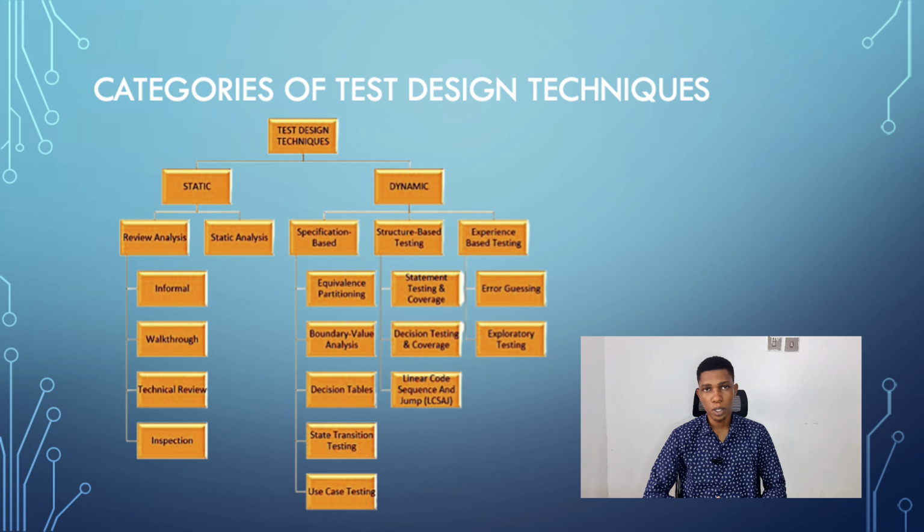You have some information about the system under test, right? And there's testing based on some statements, decision, conditions, multiple conditions. Testing is done in a structured manner, right? That's why it's called structure-based techniques, right?